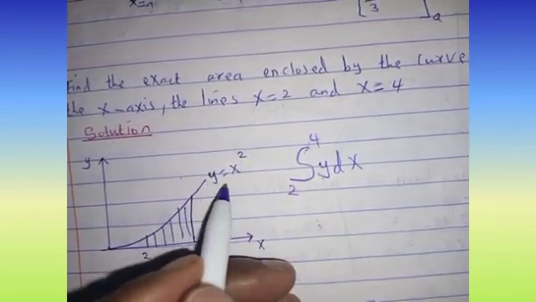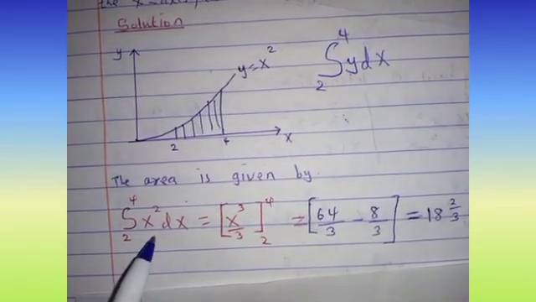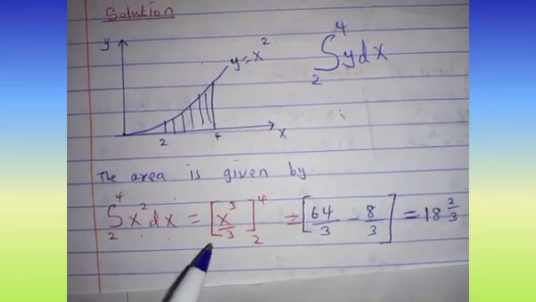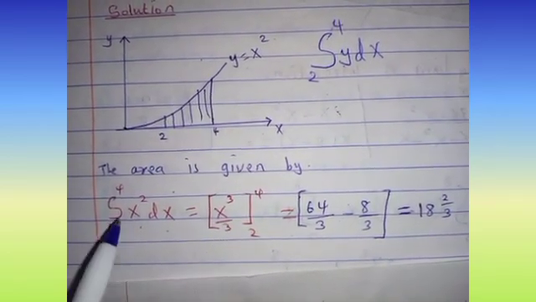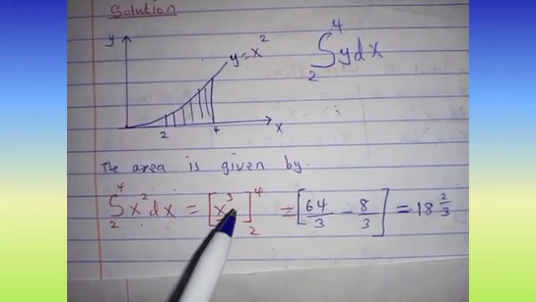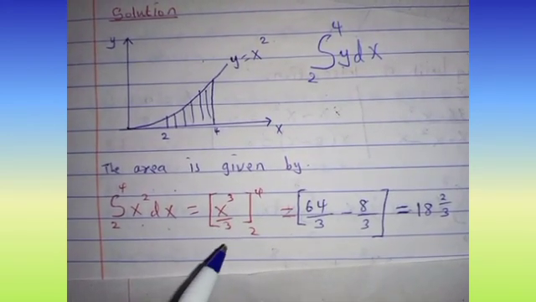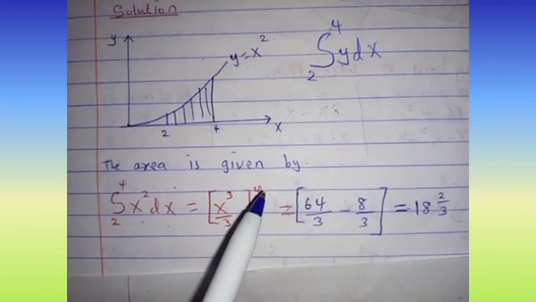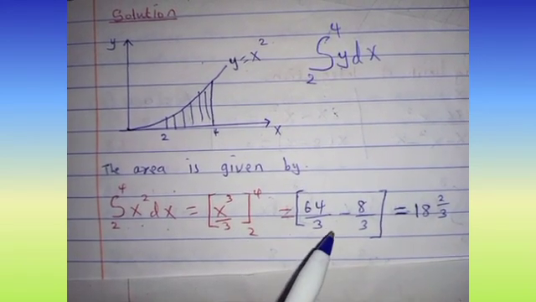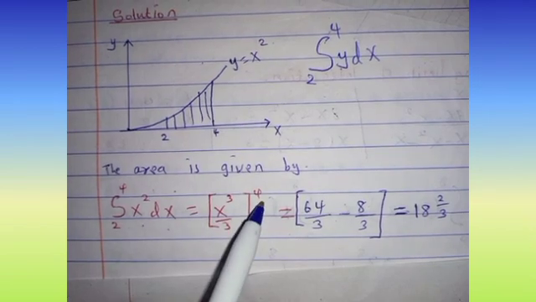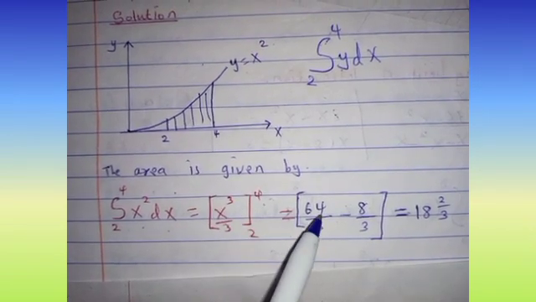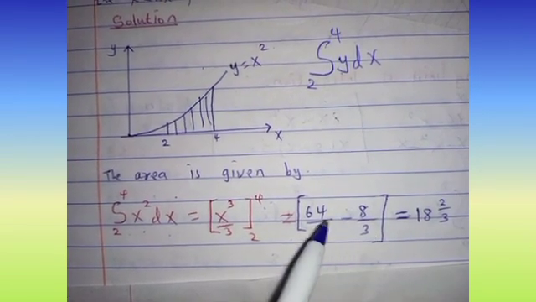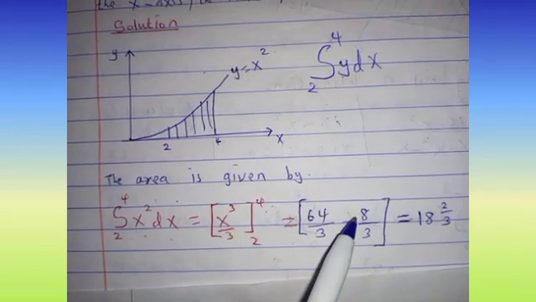Our y is x squared, so x squared dx is equal to, after integrating, you add 1 to the power, it will be 3, x to the power 3 divided by 3. Upper boundary is 4, lower boundary is 2. So here you substitute. 4 cubed is 64 divided by 3 minus 2 cubed, which is 8 divided by 3.